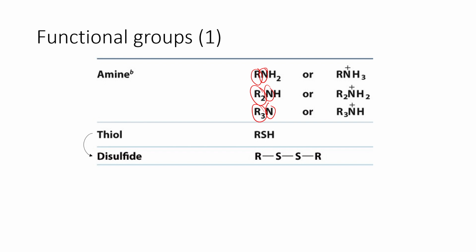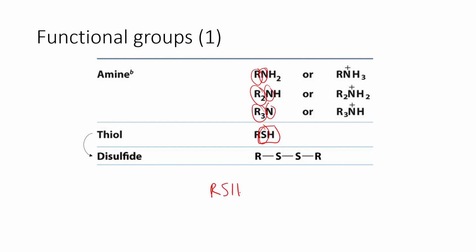Sort of similarly, we have the thiol group. So a thiol has a central sulfur. And so any SH bound to an R group is a thiol. Thiols can come together to form disulfide bonds, which you may be familiar with.